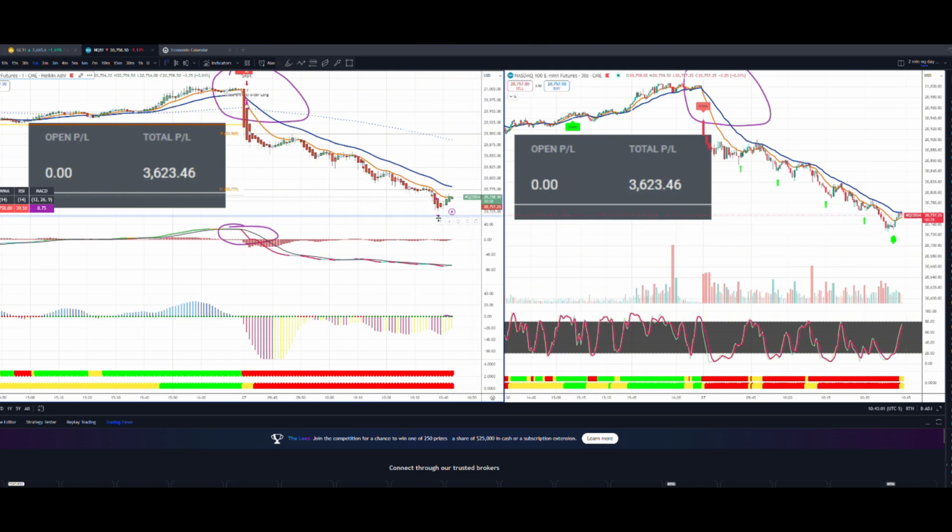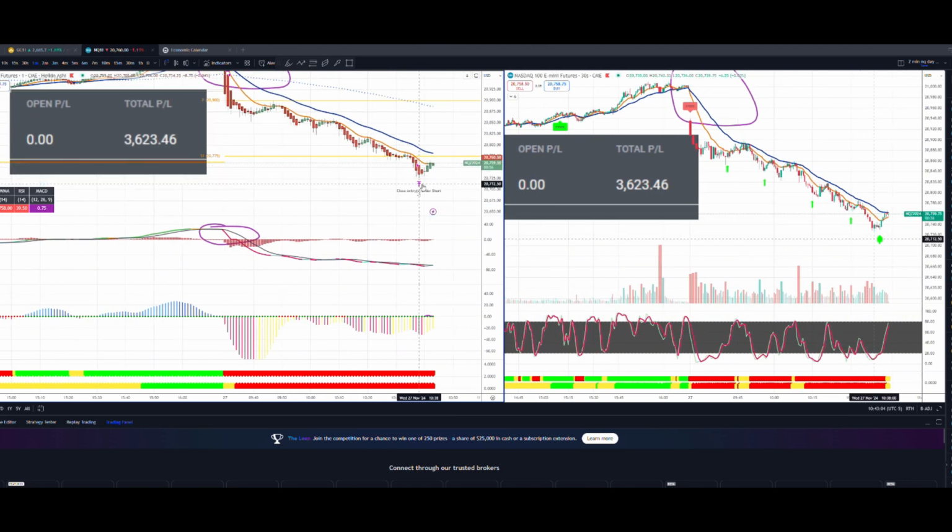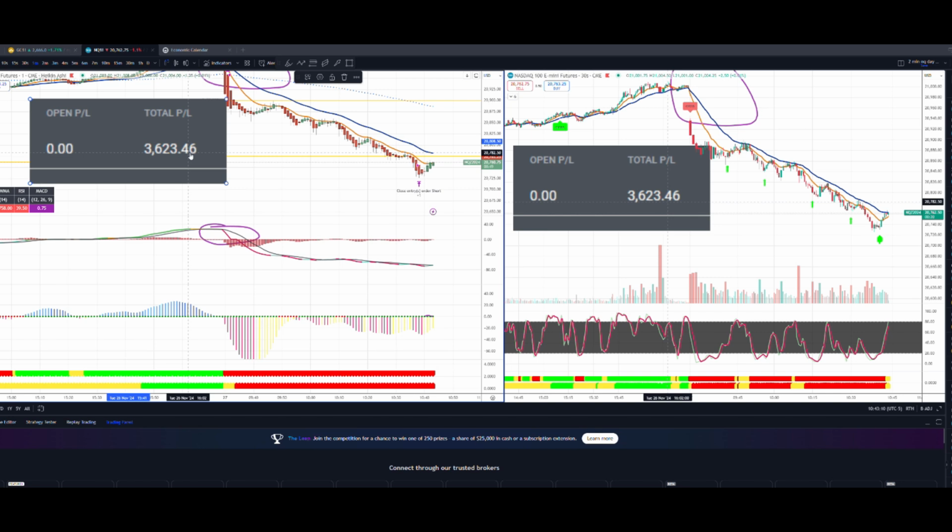And I took it down until this signal here, which is a 1% move, right? Total P&L, $3,623.46. That is a pretty damn good day for sitting at a desk, click, click, and that's it.